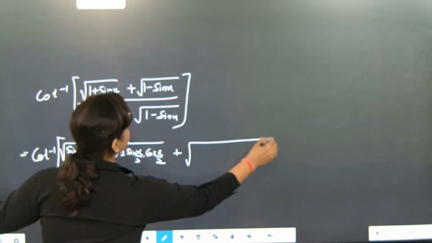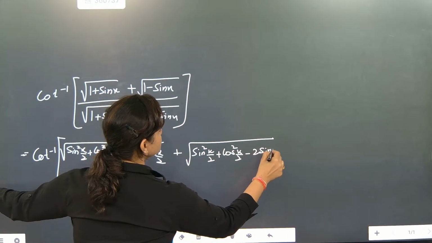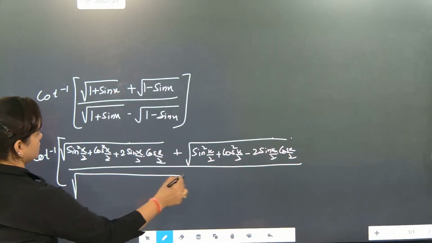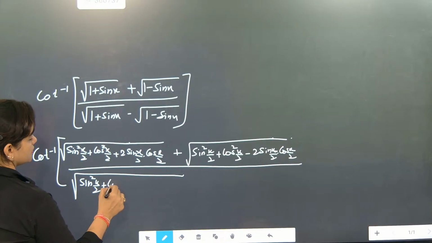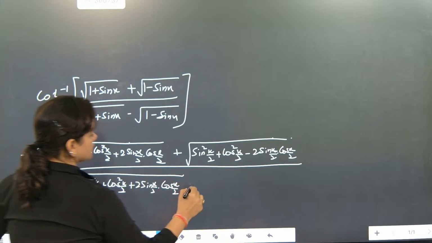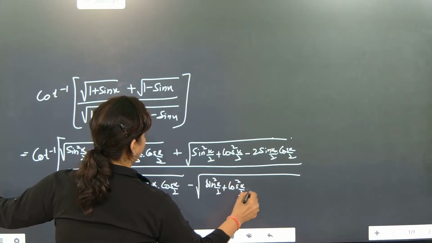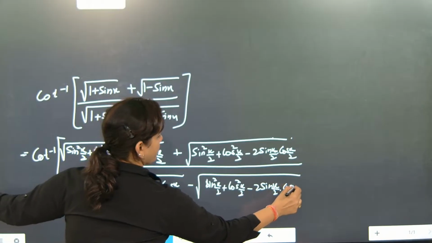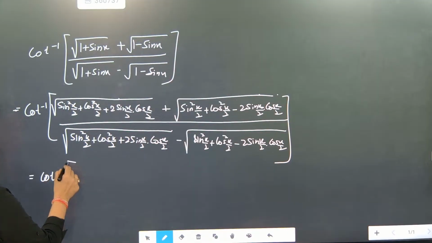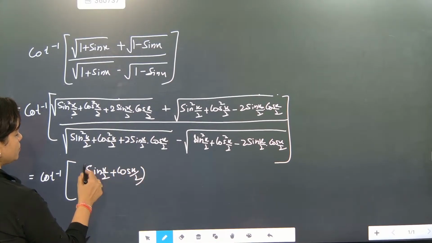Now here also, this is the one step which is going to be the biggest step. Here it will become sin square x by 2 plus cos square x by 2 minus 2 sin x by 2 into cos x by 2 for the root part. For the denominator part, it is a square plus b square plus 2ab, so it will become sin x by 2 plus cos x by 2 whole square, root under.